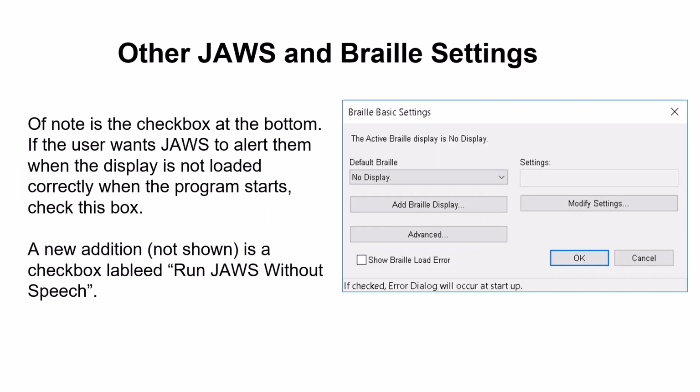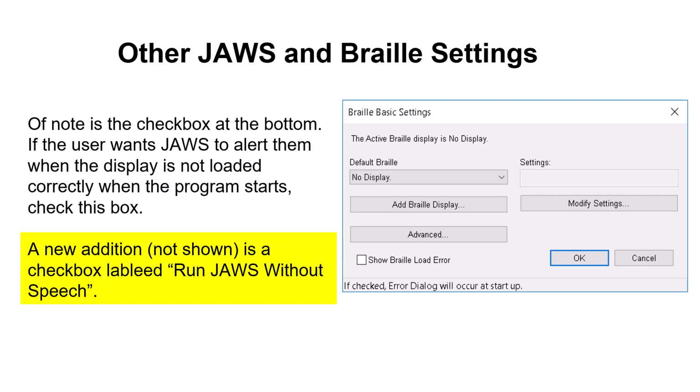And of course, there are also other settings in the Braille display basic setting dialog. Of note, really, is the bottom checkbox, called Show Braille Load Error, which will display a dialog box when JAWS starts if the default Braille display is not loading. It's a nice little notification to alert you to a problem, so you can go into this dialog and see what the issue is.